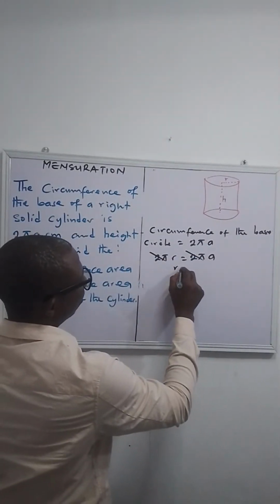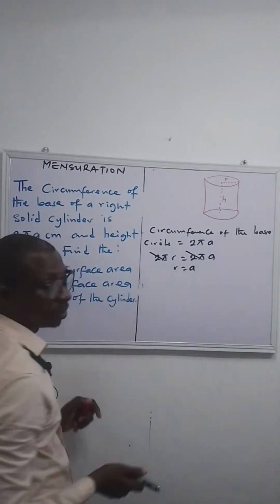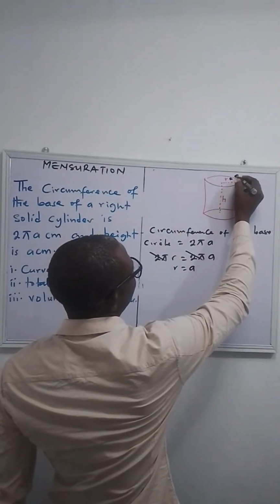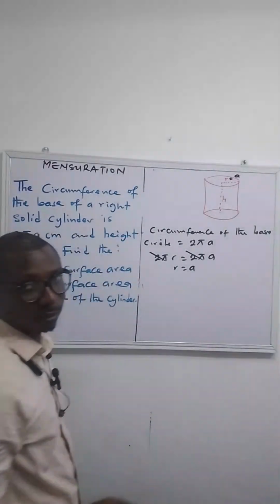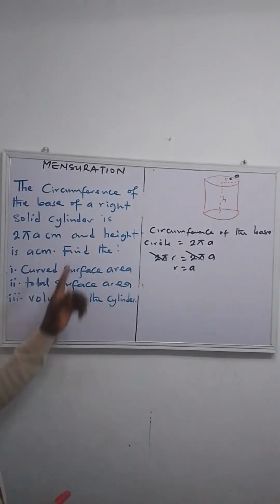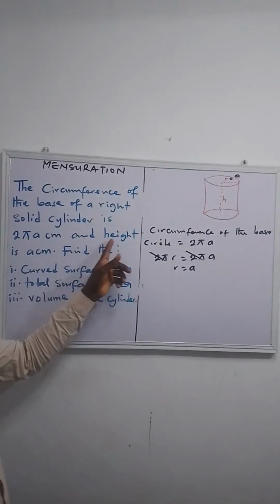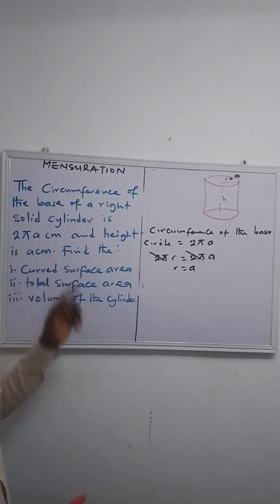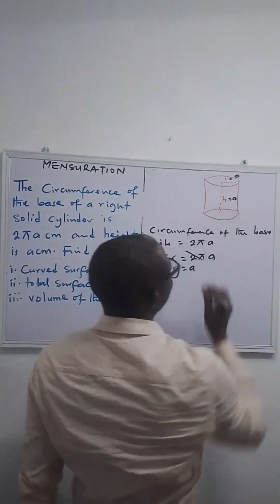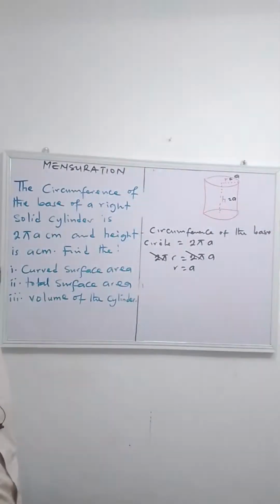So that means r is a. So the radius is a, and that's going to be in centimeter. All right. So the question says height is a centimeter. So h is also what? a in centimeter.